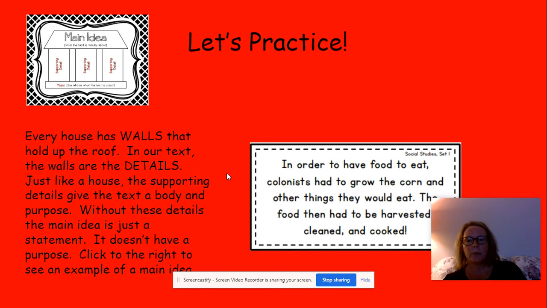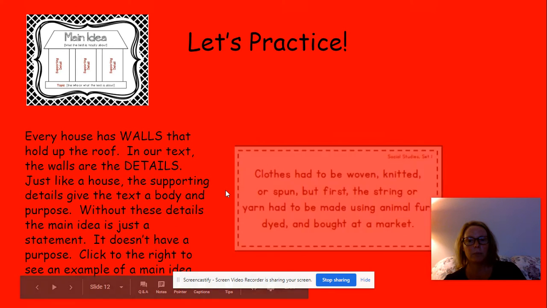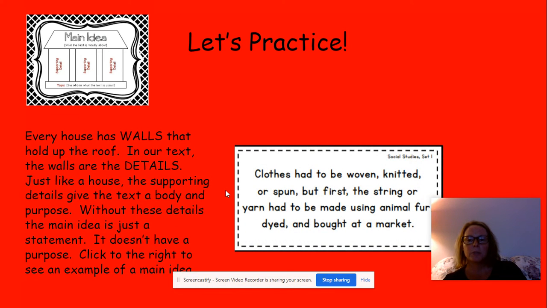And this example would be, in order to have food to eat, colonists had to grow the corn and other things they would eat. The food then had to be harvested, cleaned, and cooked. The next two slides are more same exact information, but more examples. Clothes had to be woven, knitted, or spun, but first the string or yarn had to be made using animal fur, dyed, and bought at a market.